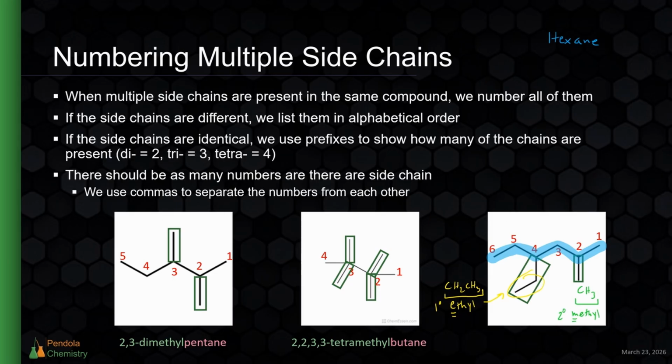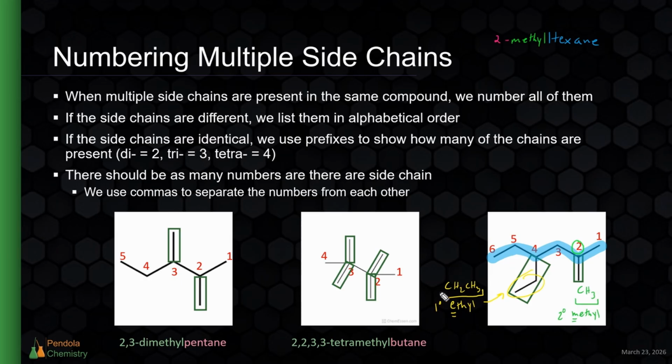So here I'm going to put the methyl first just because. So methyl, we said, is in carbon 2. Methyl is in carbon 2. And it has to go second in the list or closer to the root word because it's second alphabetically. So this is going to be methyl hexane. And because it's in carbon 2, we're going to put hyphen 2-methyl hexane.